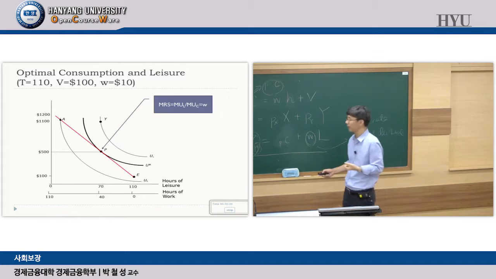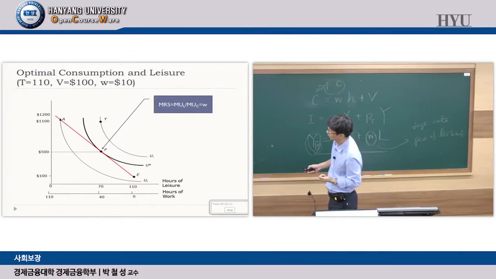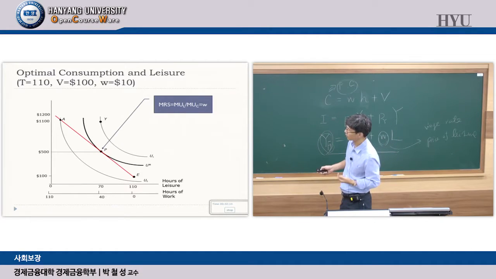In this case, this is 1 week. So 110 is this person's maximum number of hours, which is obviously lower than 24 times 7. You can assume this person should spend time for, let's say, sleeping and eating, so those we just exclude.